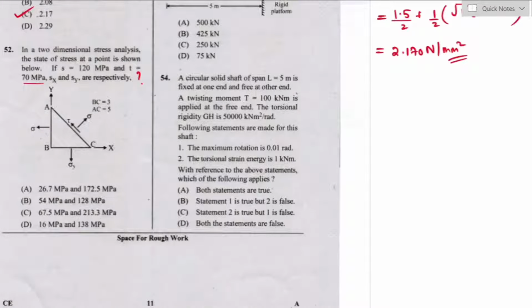So in the following figure, let us find the distance between AB, that is 4 meter, and angle cos theta is equal to 4 by 5, sin theta is equal to 3 by 5.